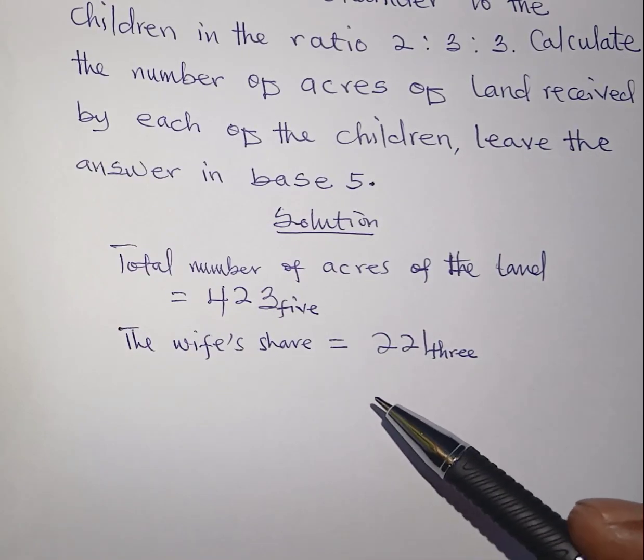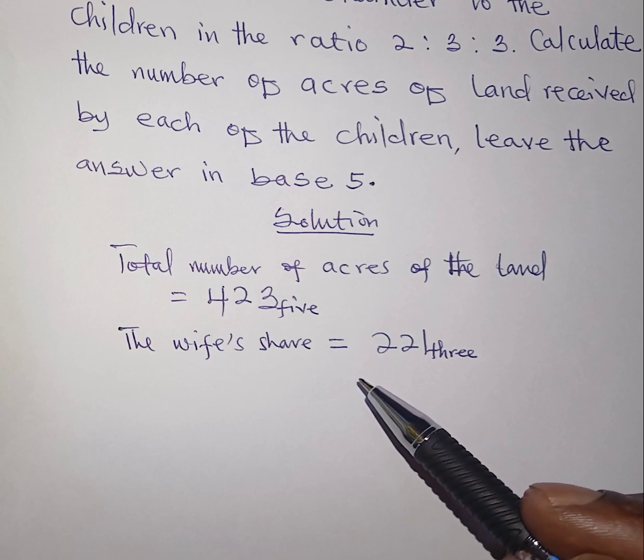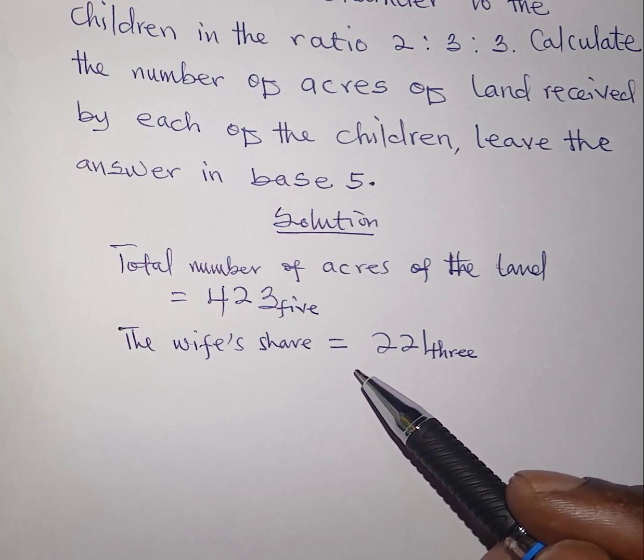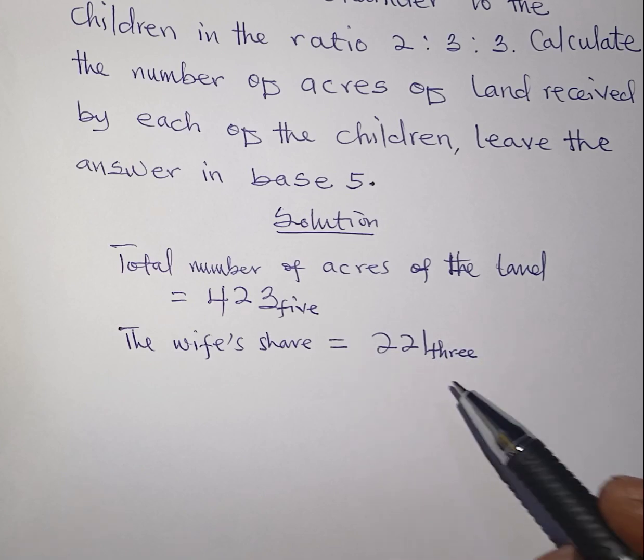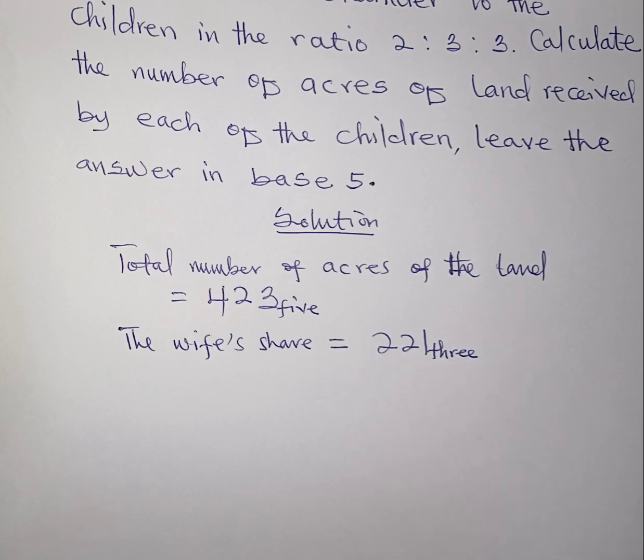Once they are in the same base, finding the remainder becomes easy. So we need to change them to the same base, and we know that all of them must be changed to base 10, so that we get actual values.